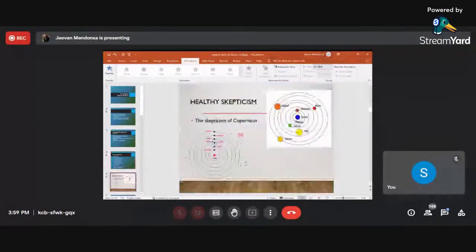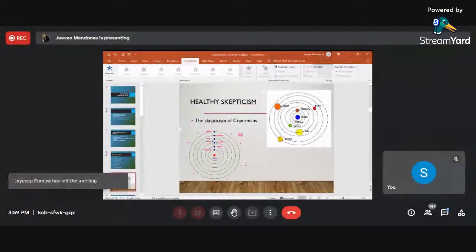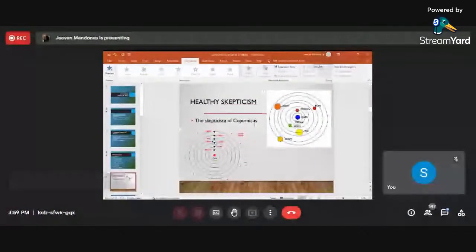Here we see an example of healthy skepticism. There was, of course, the geocentric model, which most of us, or all of us, would know about. We have done this in school. And what is shocking is that this geocentric model, in which the Earth was in the center and the other planets, including the sun, were moving around it, was a strong dominant model for 1,500 years, mind you.